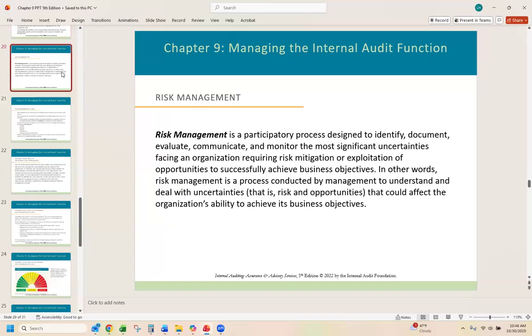Let's go to the next one. So risk management, we talked quite a bit about risk. How much risk is the company willing to take? And I like this where it says deal with uncertainties. So oftentimes that's what risk is. Risk is the uncertainty of whether or not something's going to happen. And so we have to find out how risk averse, let's see, that's the negative side, I guess, or open to risk a company or specific people within a company are.